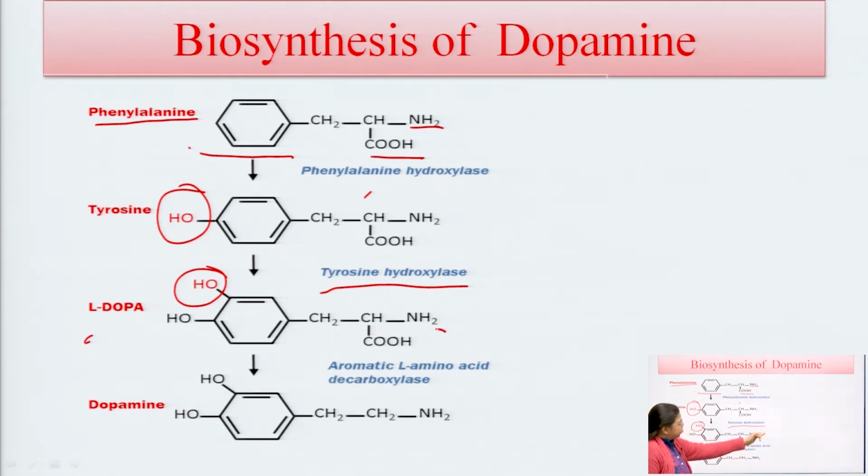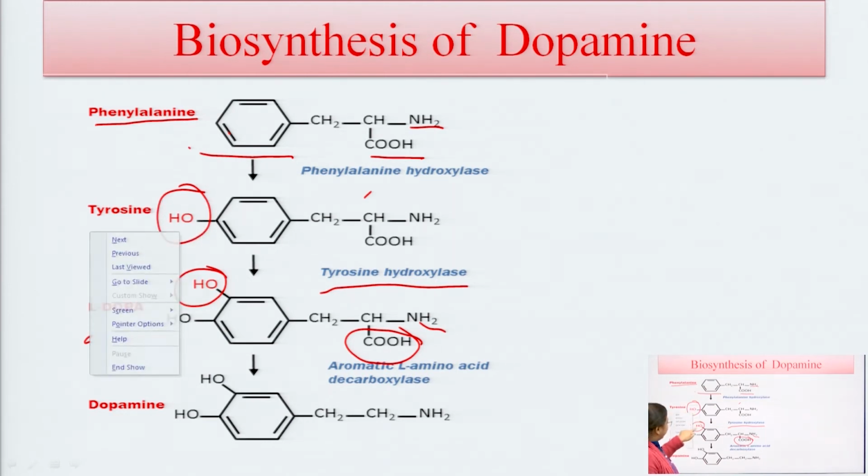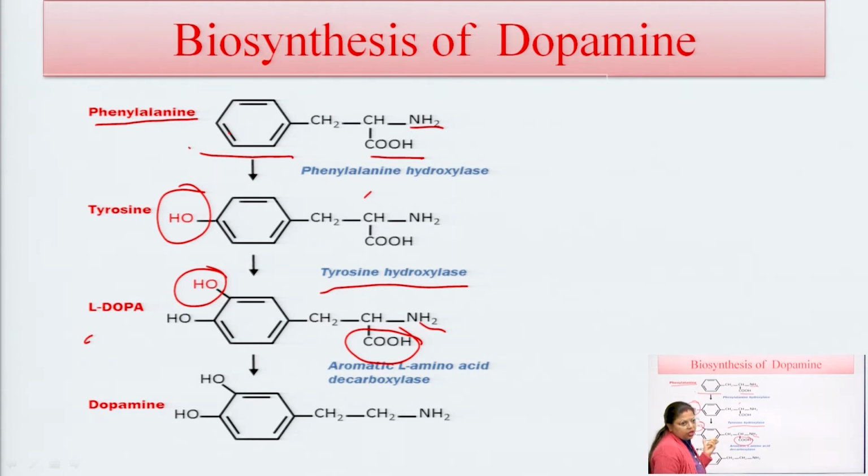The side chain is similar, without any change in the side chain present in phenylalanine, tyrosine and dopa. So there is addition of one hydroxyl group in the third step, and there are two hydroxyl groups present in the dopa.